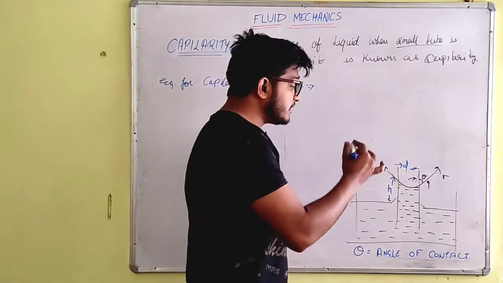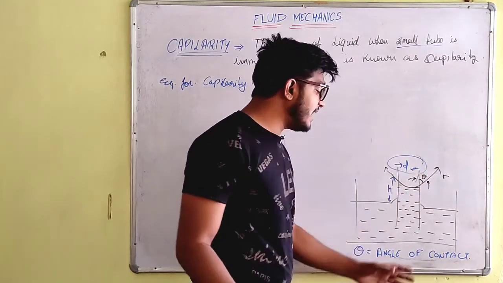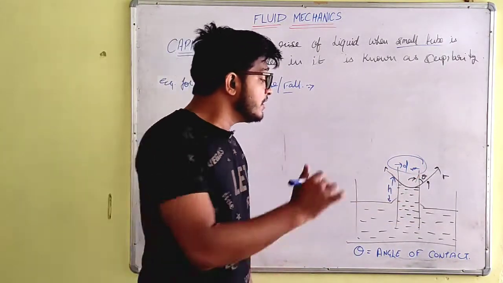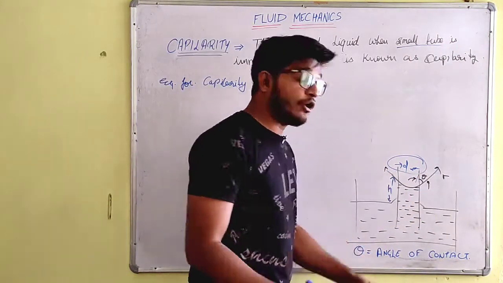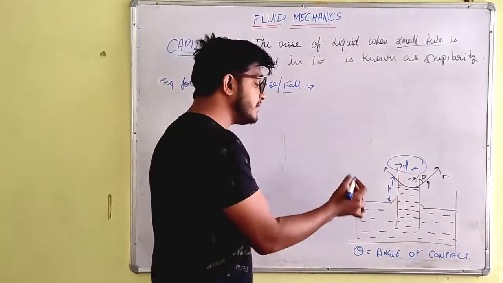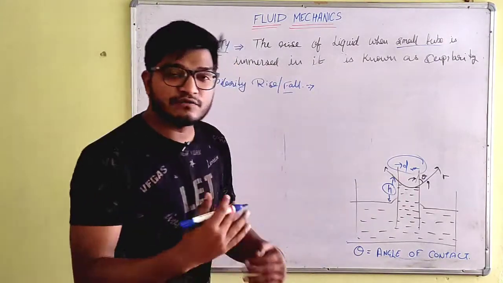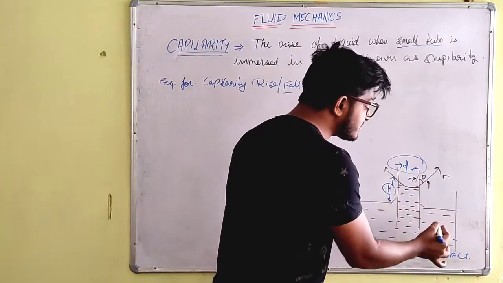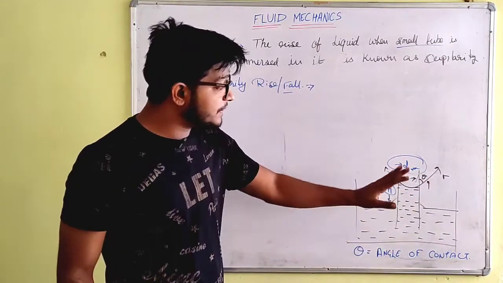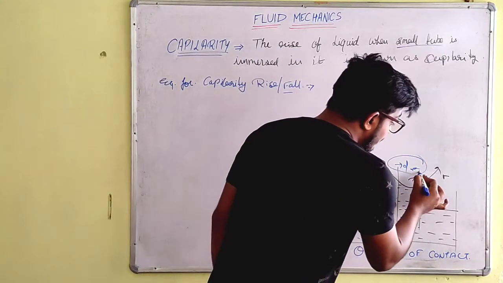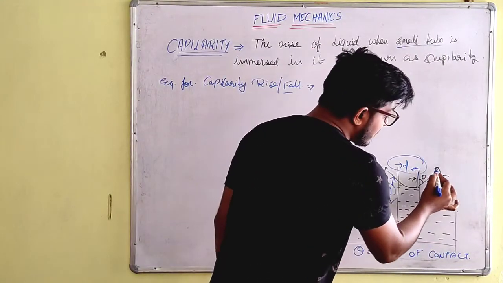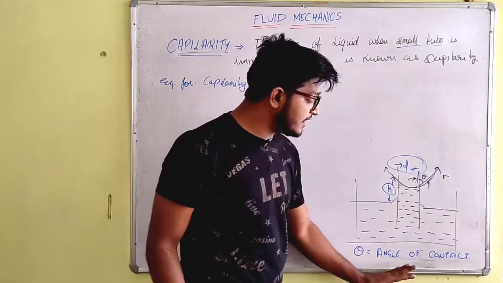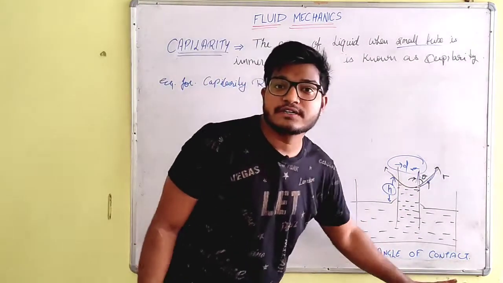The diameter of the tube will be D, and when we immerse it in the fluid, the rise or the fall will occur. We will name it as H, the height of the rise or fall. The angle occurring between the tube and the rise of the fluid layer is called the angle of contact.